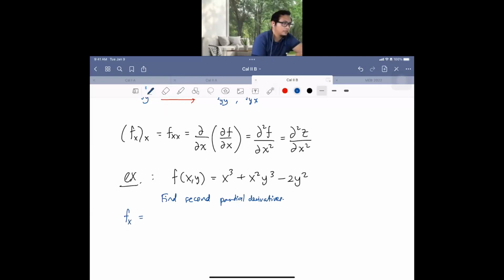Maybe we write xy to make it complete. So partial x, we derive with respect to x, so 3x squared plus 2x y cubed, and y will be a constant and 0. And then partial y: x cubed becomes 0, and this will be 3x squared y squared, minus 4y.